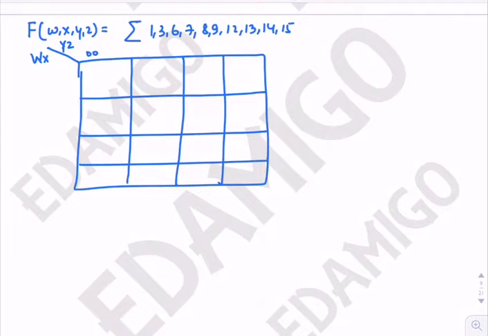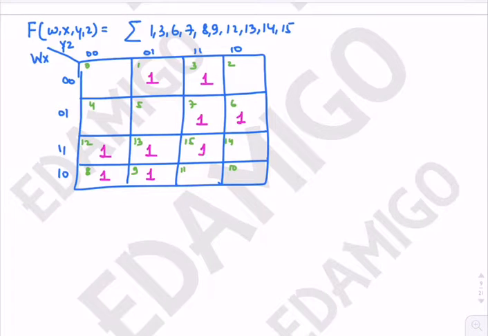W x y z, 0001. So this is 1, 3, 6, 7, then 8, 9, 12, 13, 14 and 15.